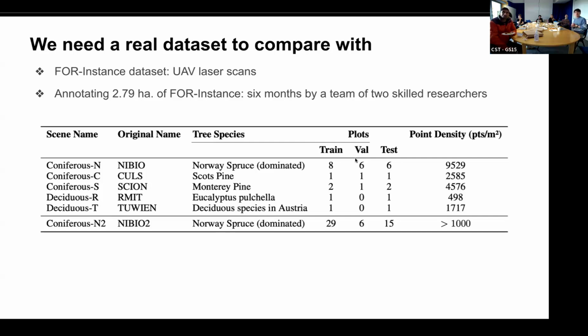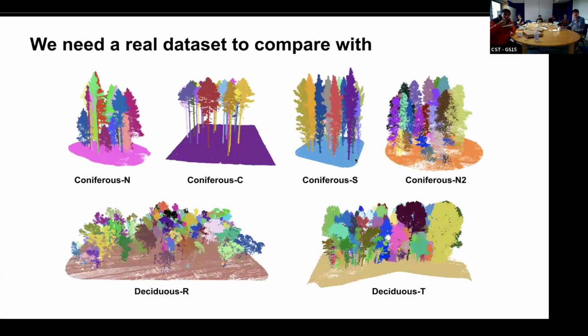Nibio 2 is supplementary data from following works, but for completeness we also include this Nibio 2 data for the evaluation. Here is another chart for the real data that people have collected. You can see the conifers, and on the bottom the deciduous. And for the deciduous R and deciduous T, what you have seen now is all the available plots of this deciduous forest to train.